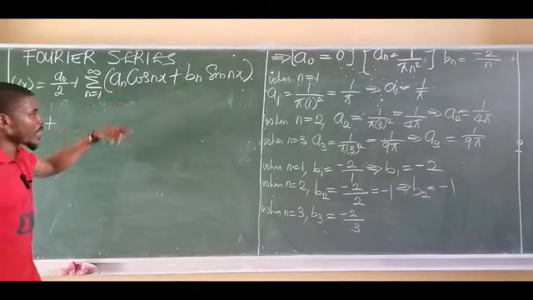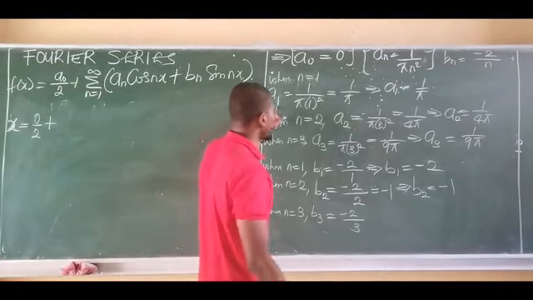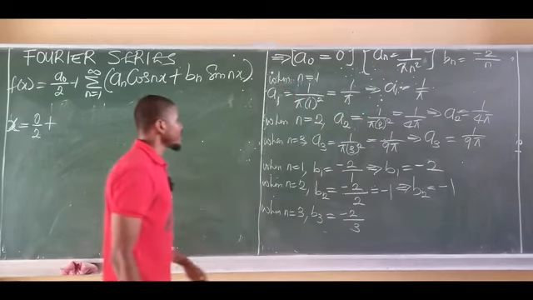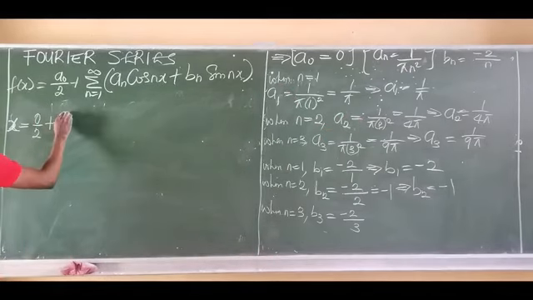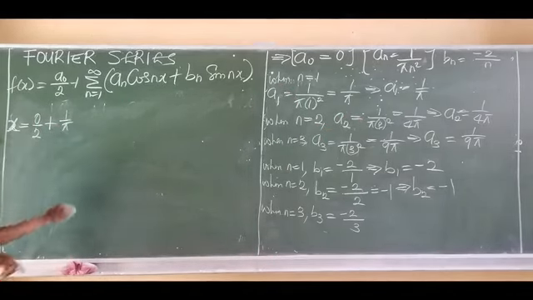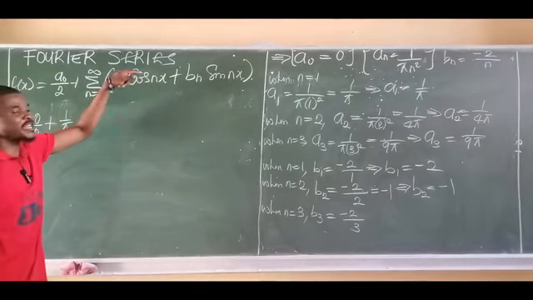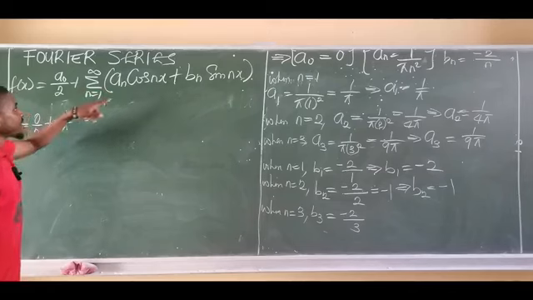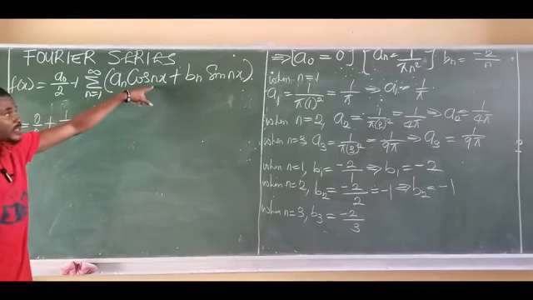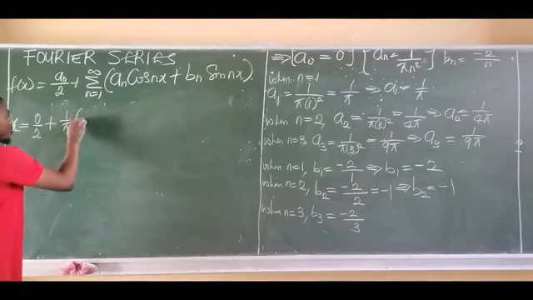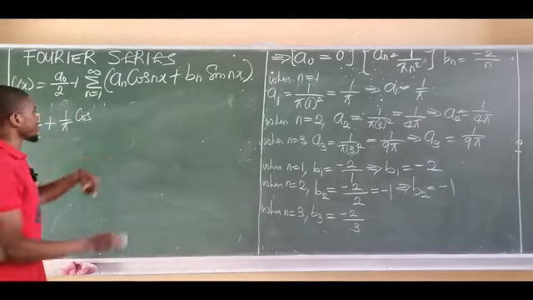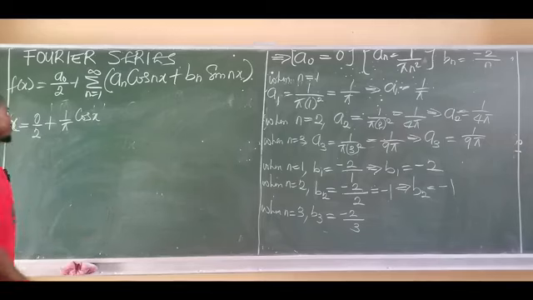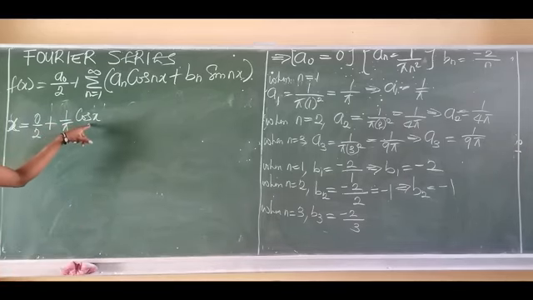When n is equal to 1, we obtain a1 to be equal to 1 all over pi. Remember, this is an cos nx, and n is equal to 1. So this becomes cos, 1 times x remains x, so this is now 1 over pi cos 1x.